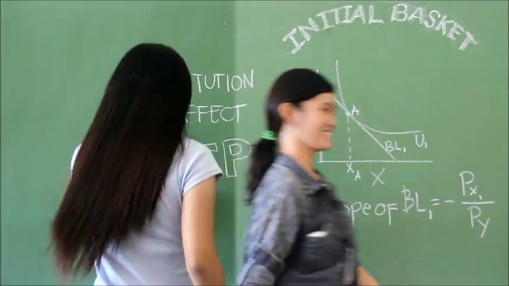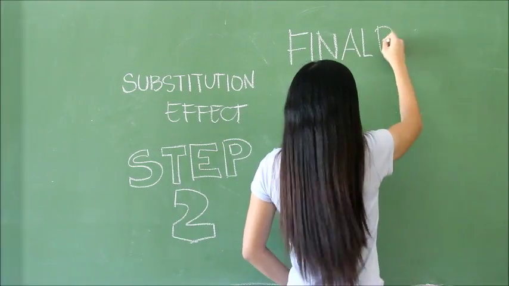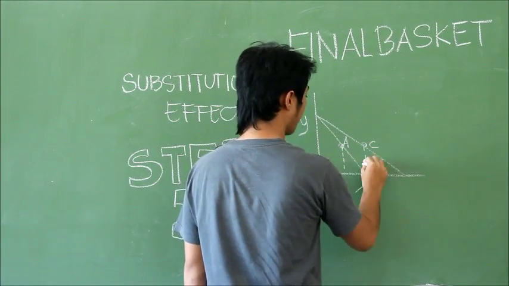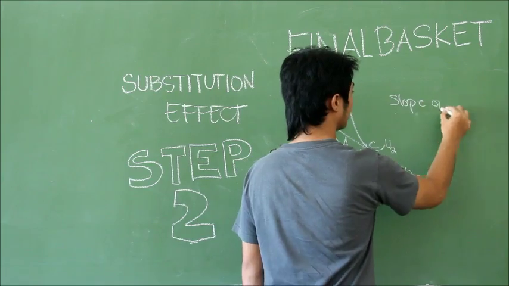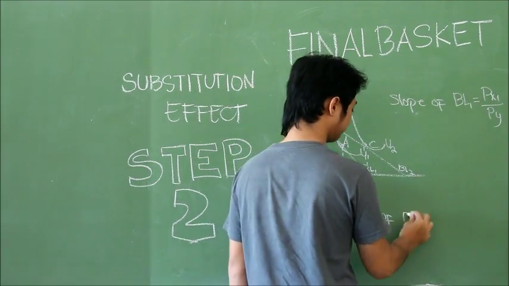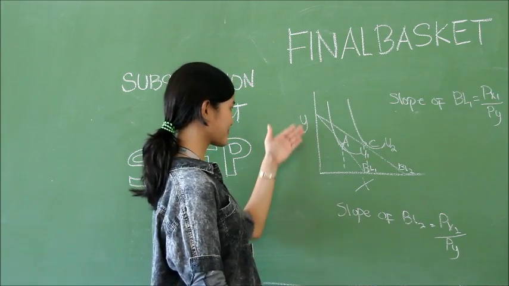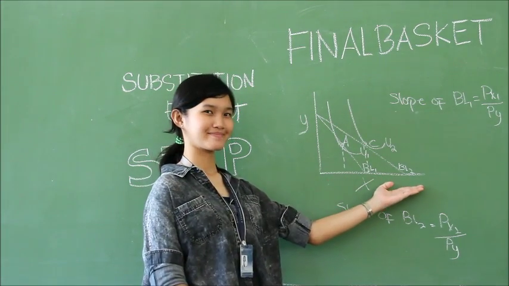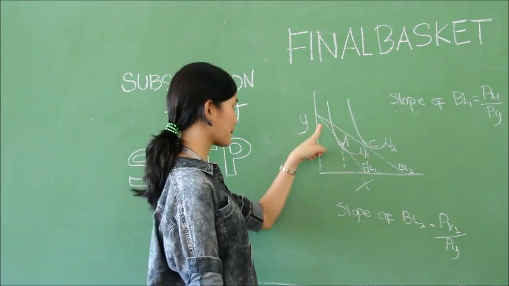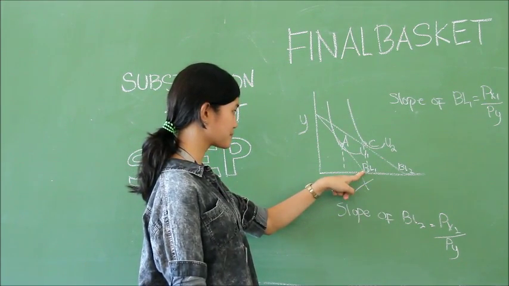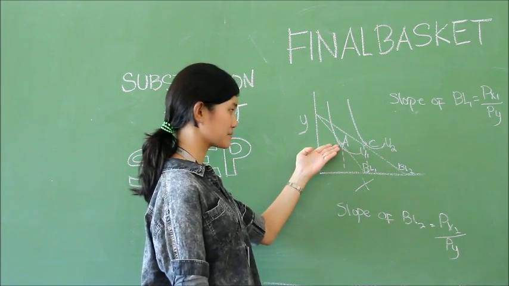Finding the final basket. This is the basket the consumer chooses after the price falls to price x sub 2. Price is on y and quantity on x. On the first budget line, the maximum utility is on basket A on the first indifference curve.